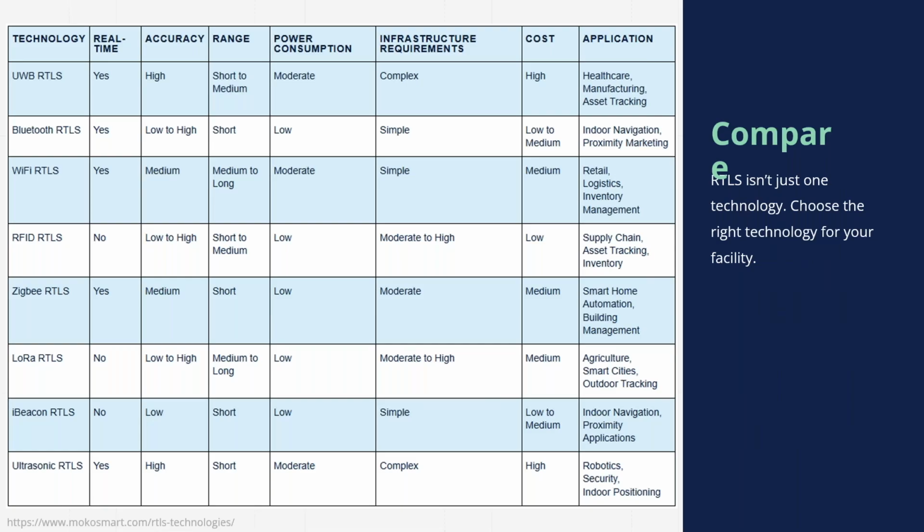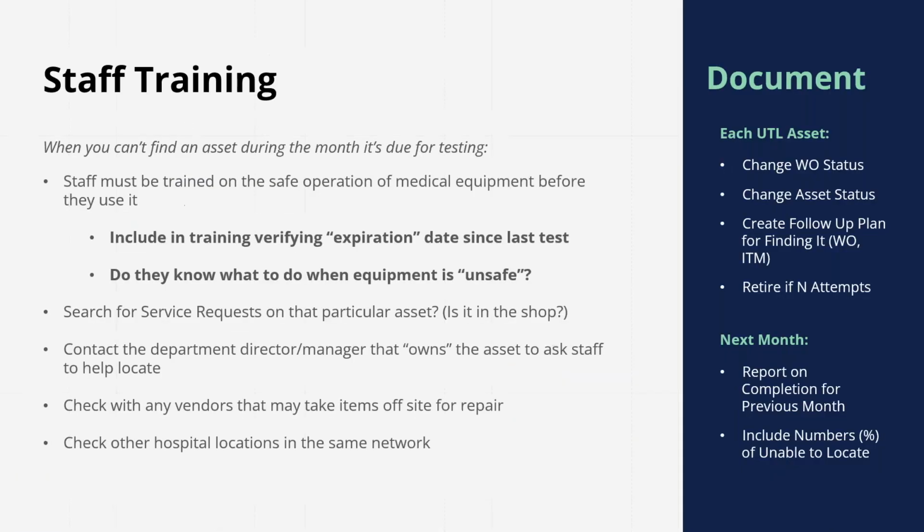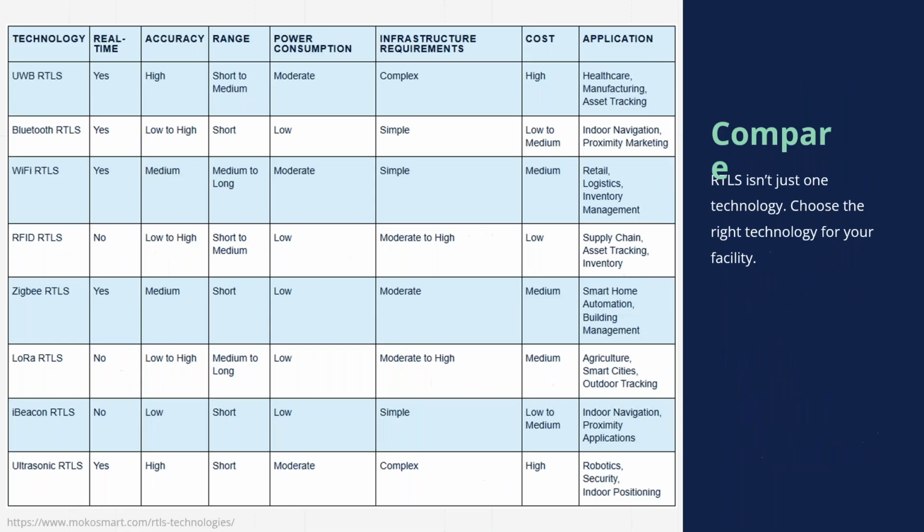But accuracy of Wi-Fi RTLS is medium. There are some other ones down here. It's also lower cost. So people go into an RTLS and go with the cheaper option. It's not going to be as accurate as the ultra wideband, where the cost is high. The very top line there is high.